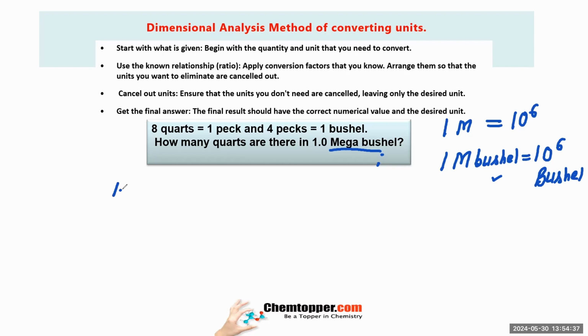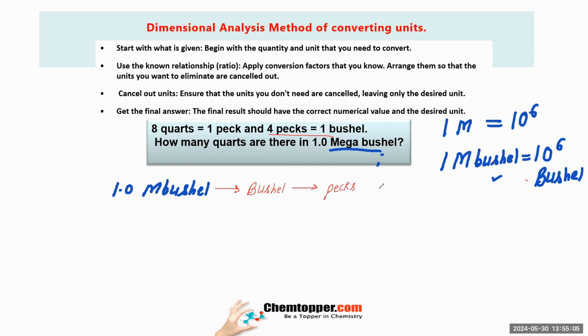What is given to me is 1.0 mega bushel. So from 1.0 mega bushel, where can I go? I can use this ratio and I can get bushels. And from bushels, I can use this ratio and I can get packs.